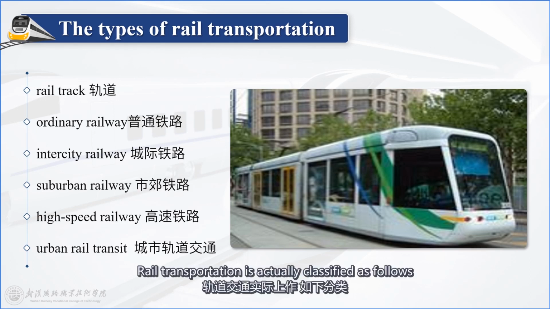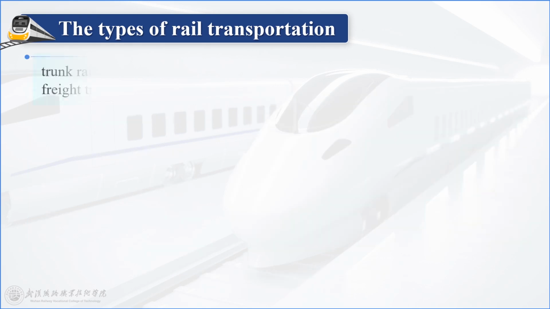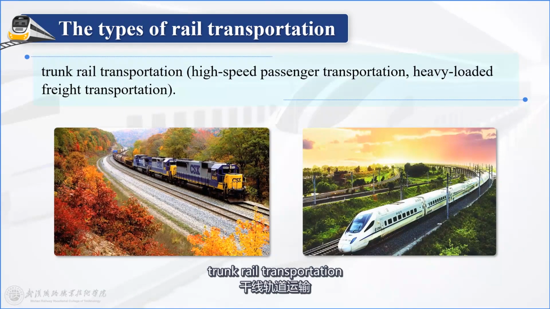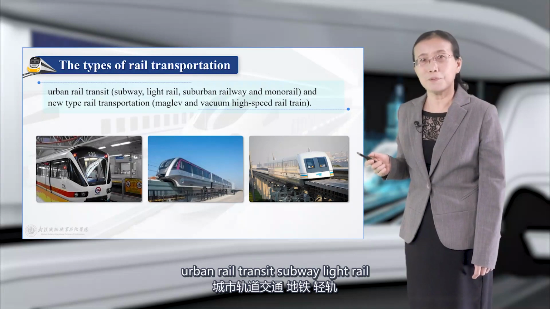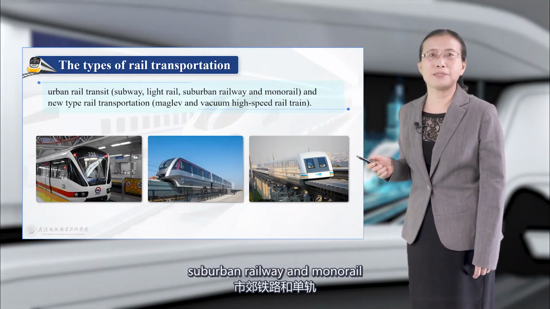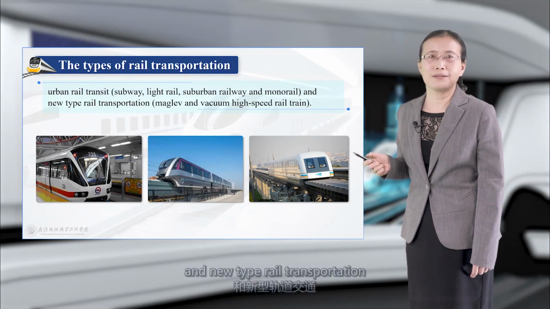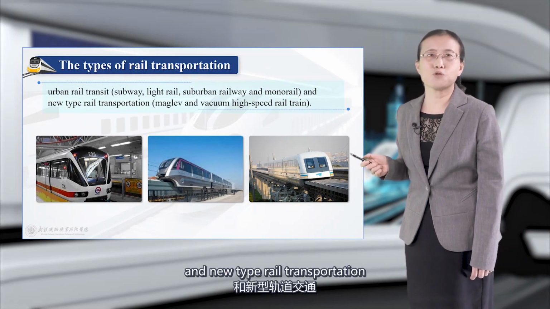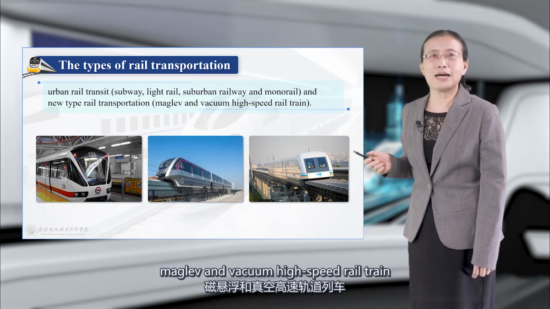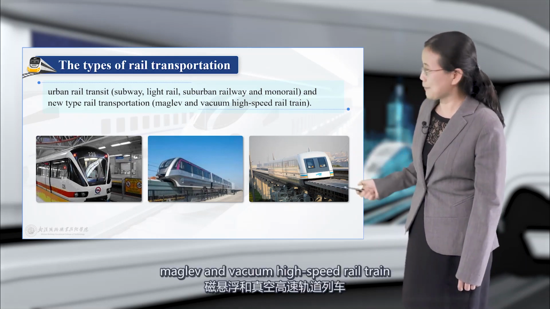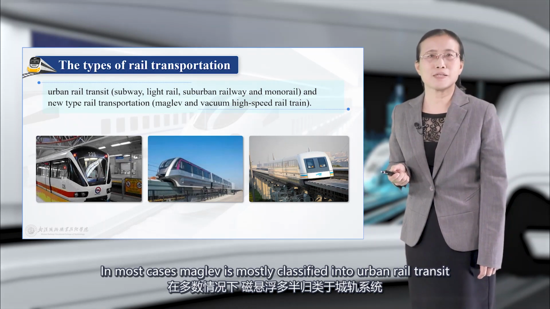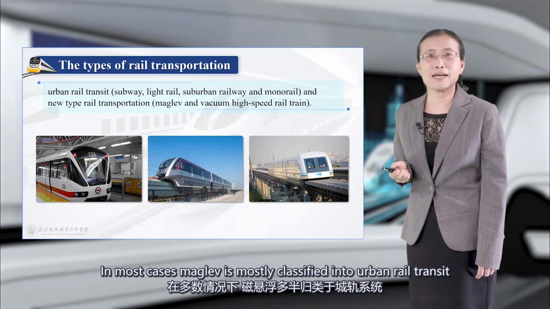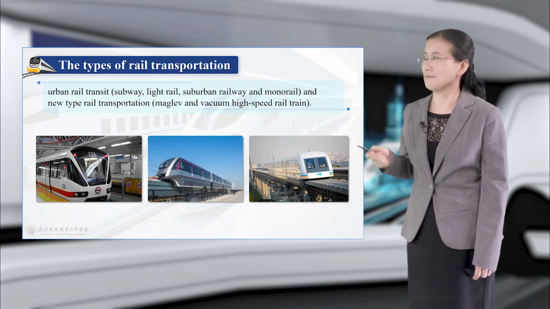Rail transportation is actually classified as follows: trunk rail transportation, high-speed passenger transportation, heavy-loaded freight transportation, urban rail transit, subway, light rail, suburban railway and monorail, and new type rail transportation, maglev and vacuum high-speed rail train. In most cases, maglev is mostly classified into urban rail transit.